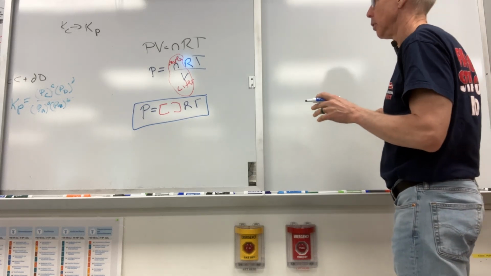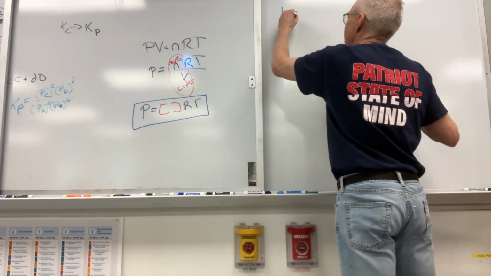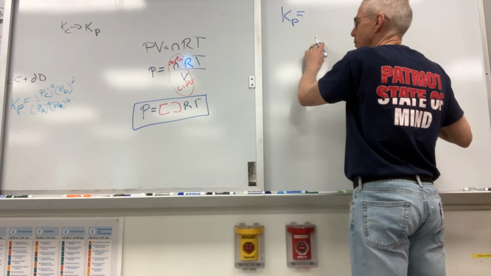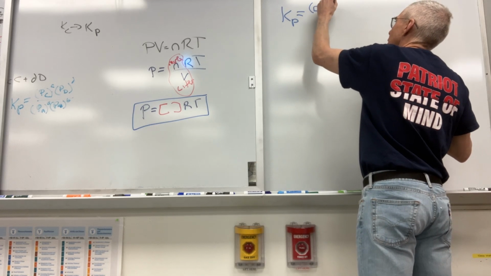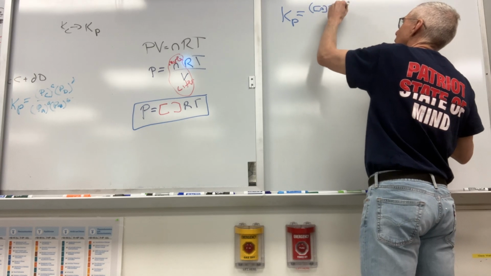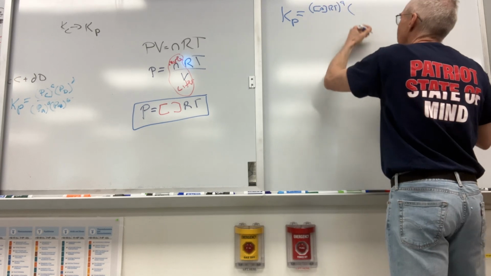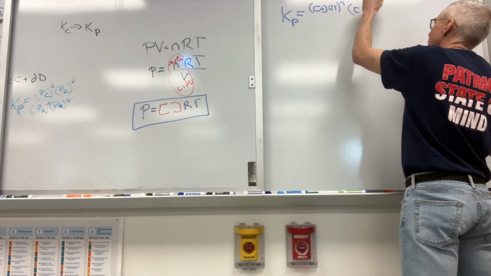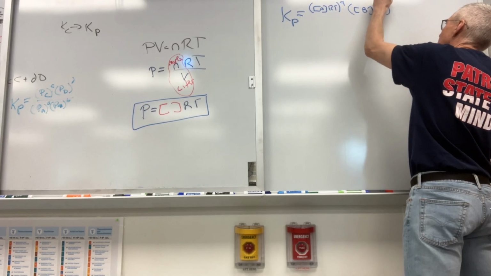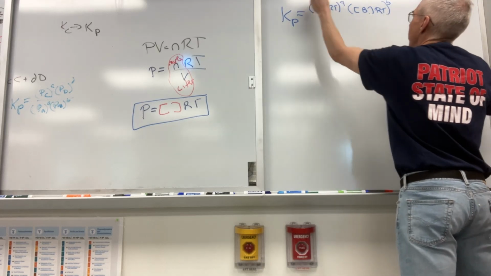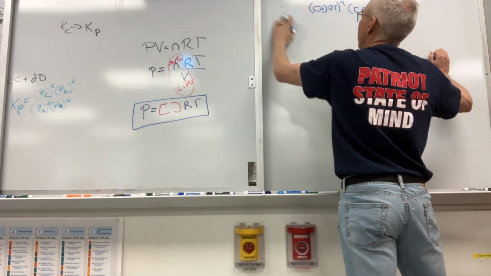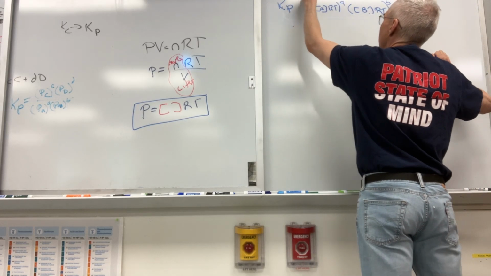Okay, now watch. So the Kp expression is concentration of A times RT, all to the a. And we're going to do that over and over again. Concentration B times RT, to the b, right? No, that's totally wrong. That's on the bottom. Sorry, brain damage.